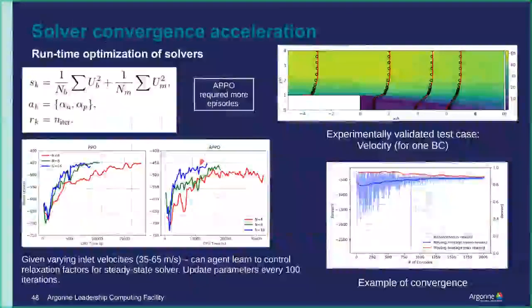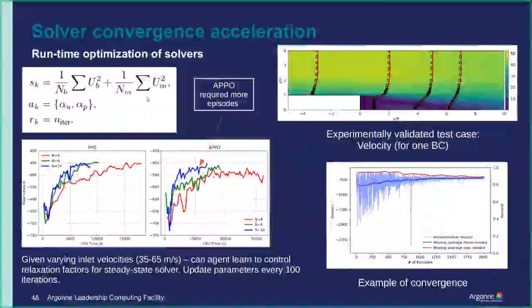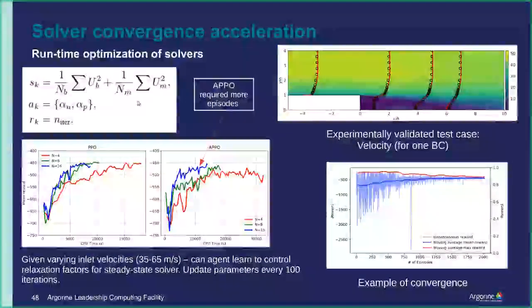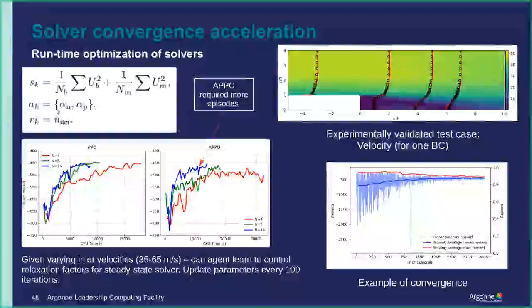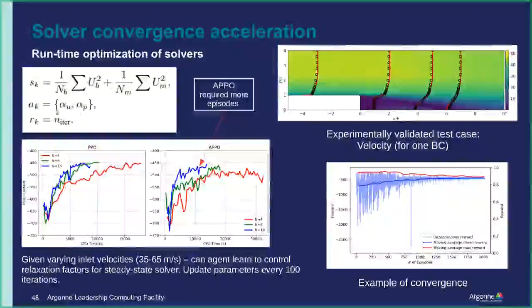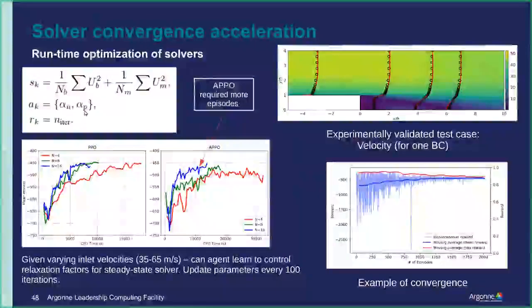Another task that we've spent some time looking at is how to improve the convergence of steady-state system solves. For example, in OpenFOAM, you could use something like simpleFoam. simpleFoam is a steady-state solver that requires the user to prescribe a priori the relaxation factor of the velocity and the pressure field. These are under-relaxation factors.